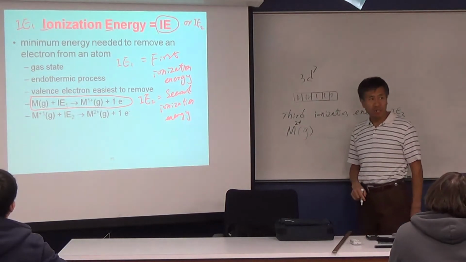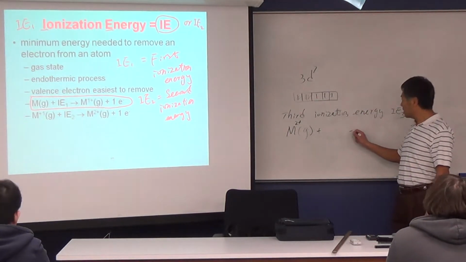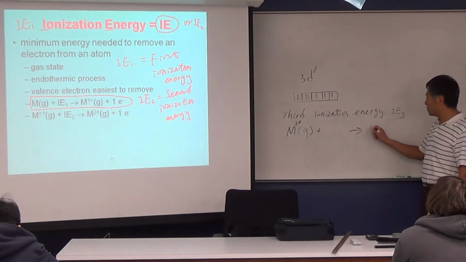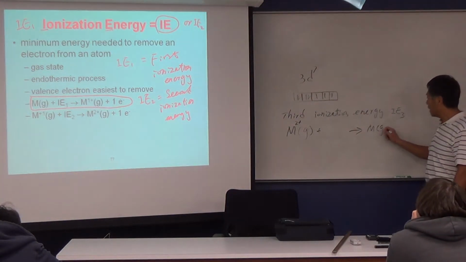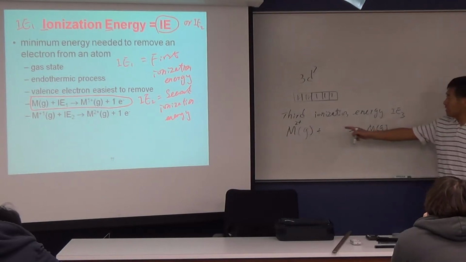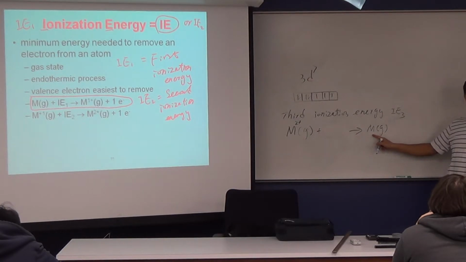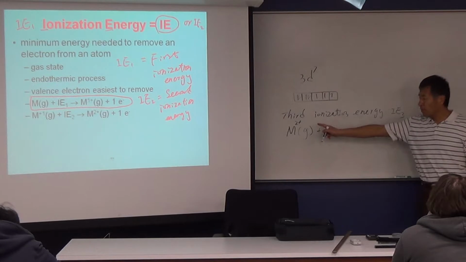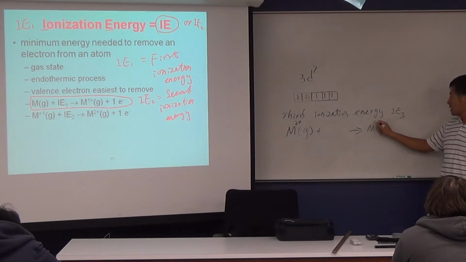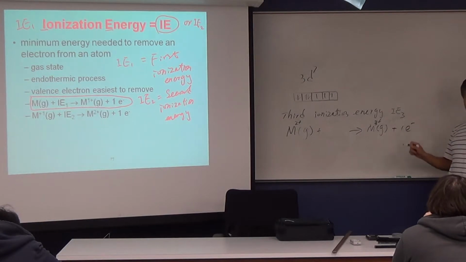The 2 plus. Right? And then plus something, and what you will produce. So this M is symbol here, M. If you remove 3 electrons, and this M become M what? 3 plus. So therefore this will be 1 extra electron here.